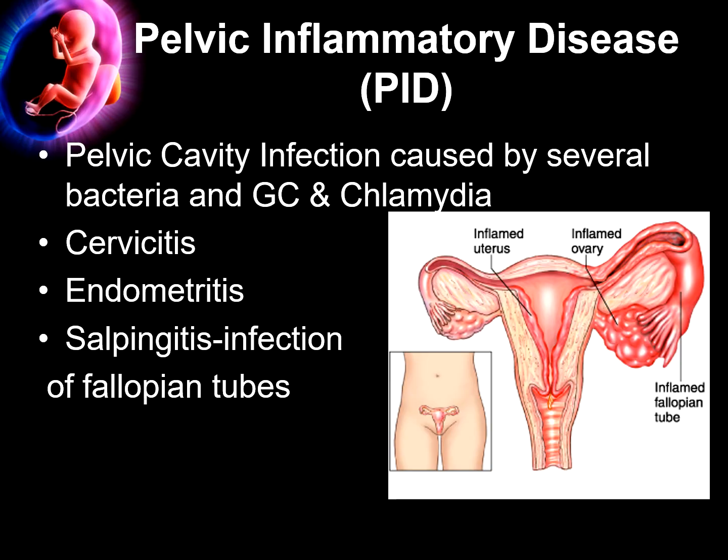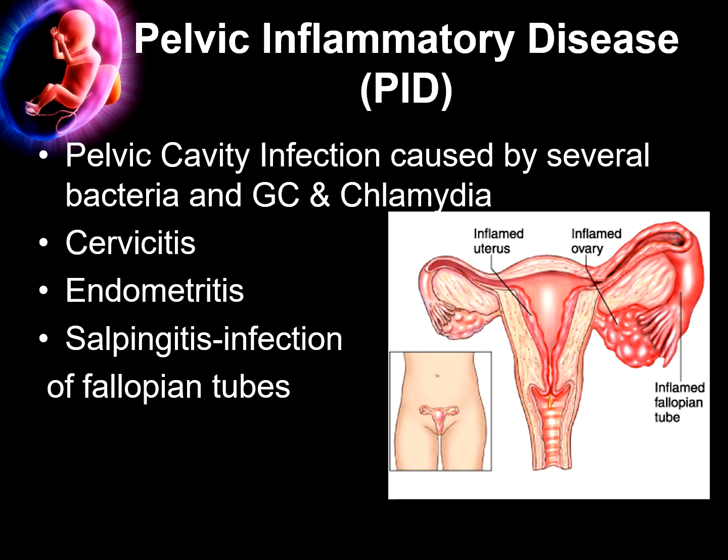This does not occur in men because men do not have a uterus, endometrium, and fallopian tubes. They just don't have the organs that could have this pelvic inflammatory disease.